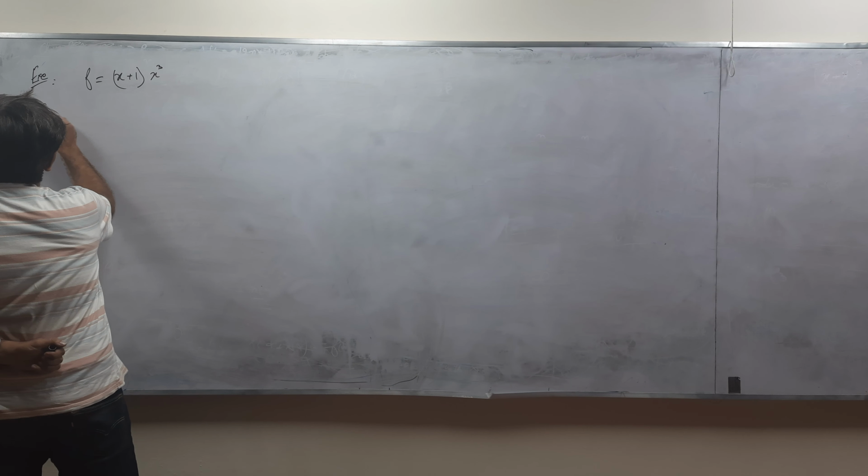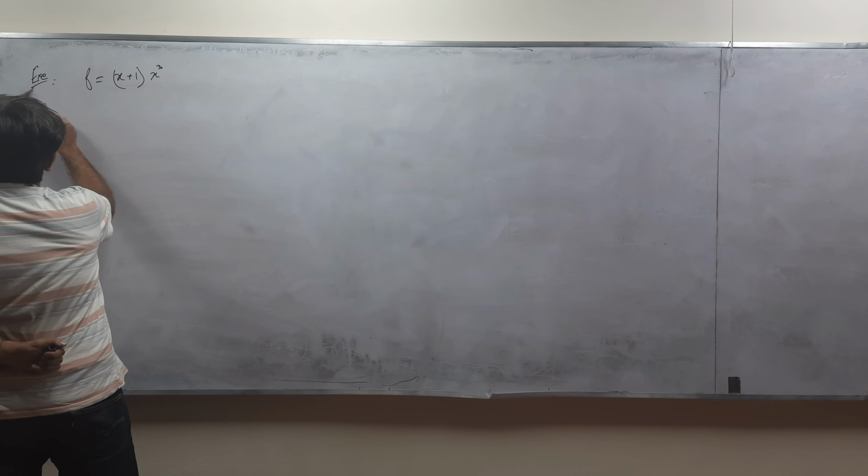Okay. This will be x plus 1 because their derivative is not applying. What is the derivative of x cube? Power will be shifted and one power will be reduced.